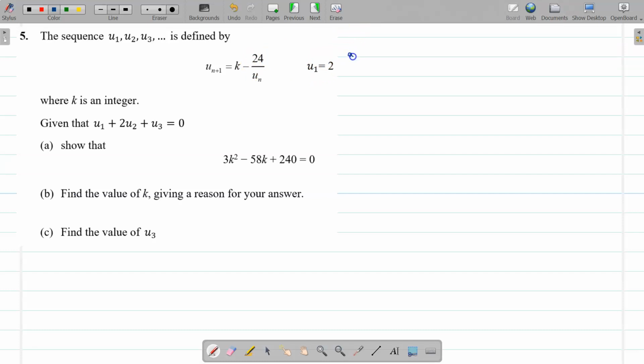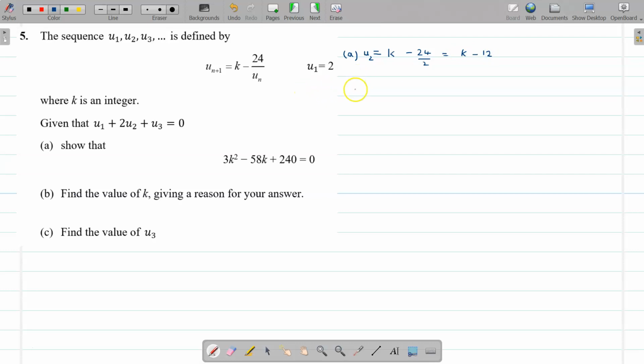Well, we'll find out. U2 is going to be k minus 24 over 2, which is k minus 12. So that's the second term of the sequence.